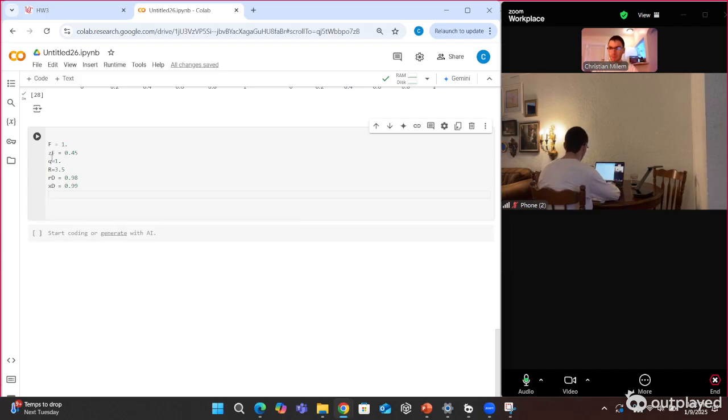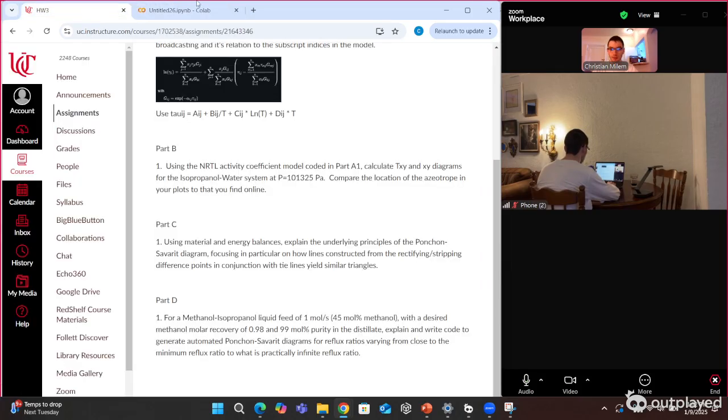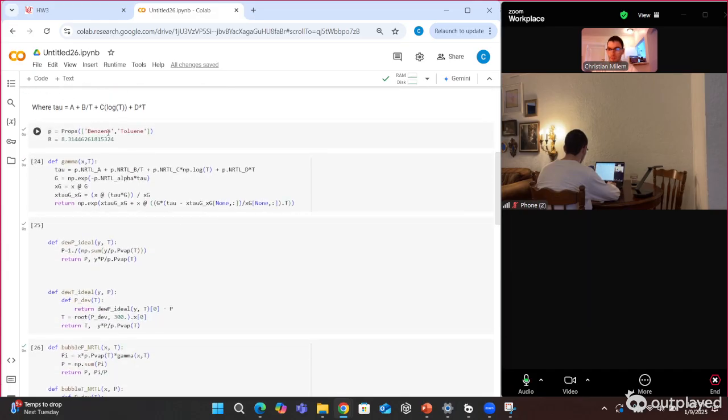Okay, so we have our given parameters right here. What did they say it is? Methanol isopropanol. For some reason, I had benzene toluene. Methanol isopropanol.